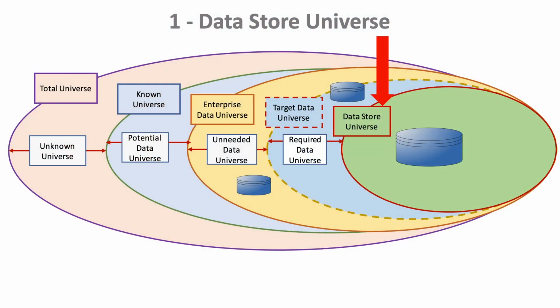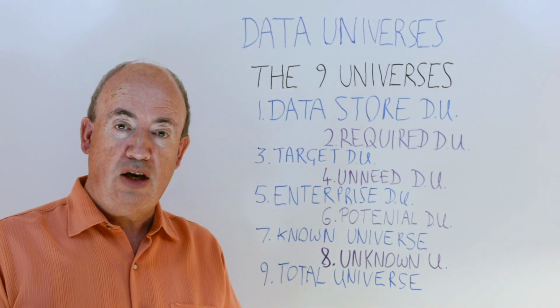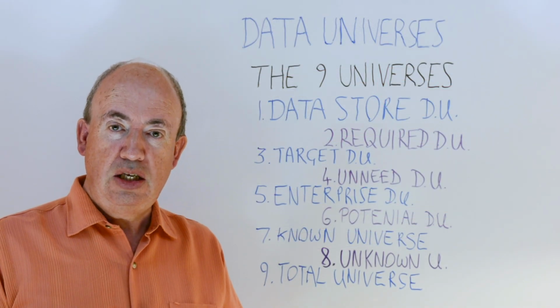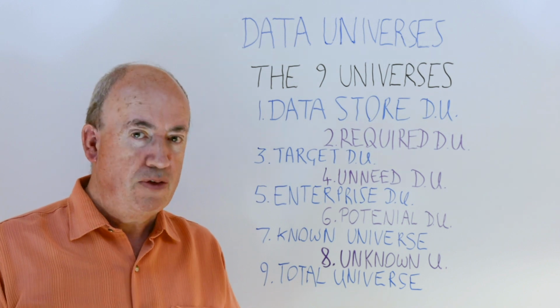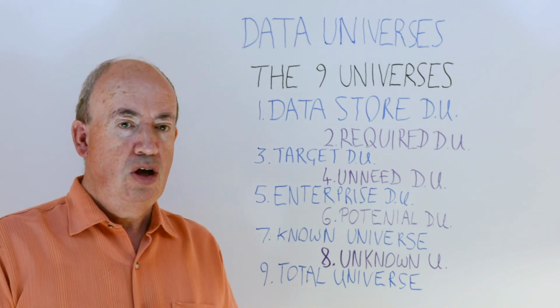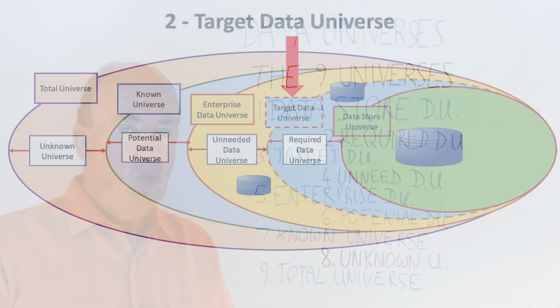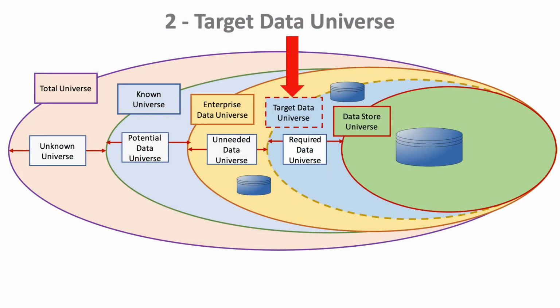The first data universe we're going to look at is the data store universe. This is what we have in terms of the actual set of records inside a database table, however they may have got there. Beyond that, we might have, not always, but we might have a target data universe.